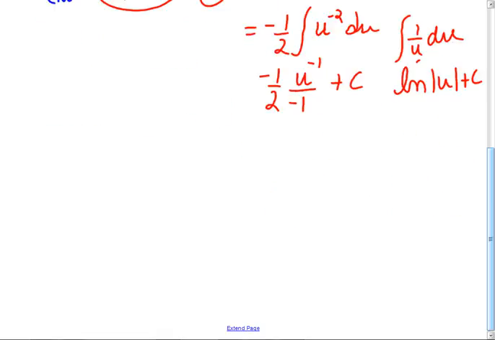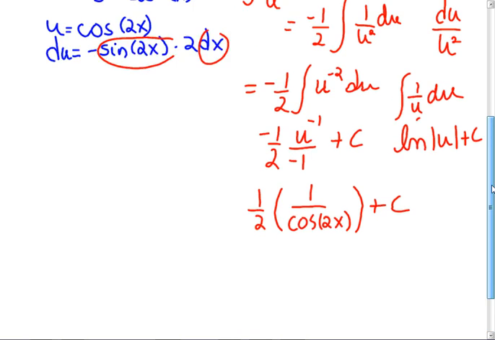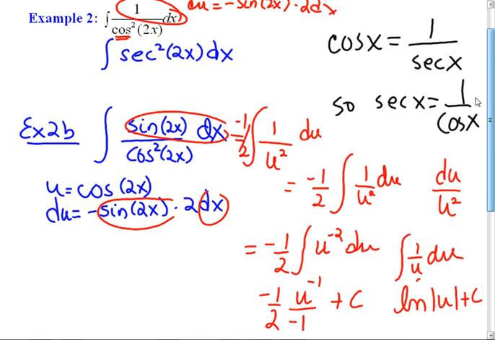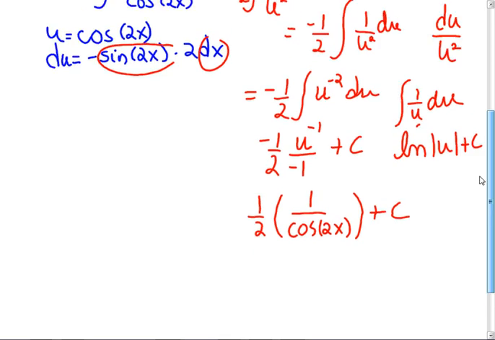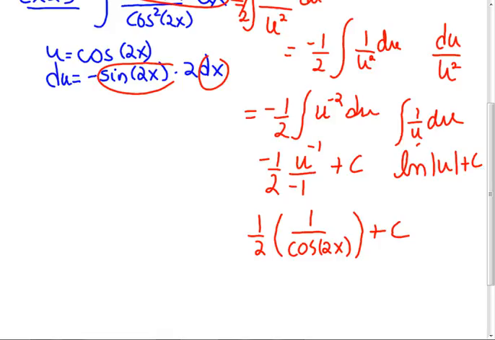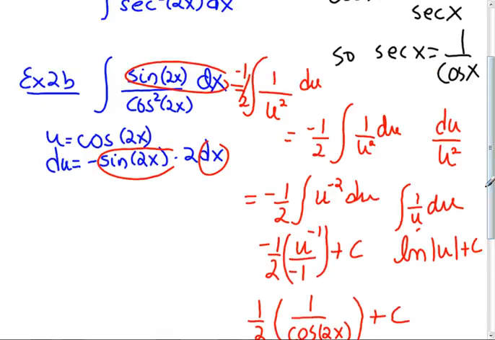And to simplify that, it's going to be positive 1/2. U to the negative 1 is 1 over u, so it's 1 over the cosine of 2x. If you don't believe me, take the derivative. I like that problem. I have to remember it for tomorrow. Because when I integrated u to the negative 1, I have a negative sign there. And those are important. I'm glad you guys asked that.